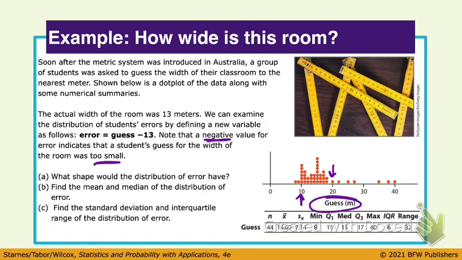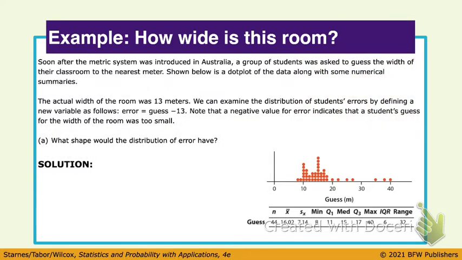So what shape would the new distribution have? If I transform this distribution by moving everything down 13, what shape would this distribution have? Well, it's going to have the exact same shape. Every number in this distribution is going to move down by 13. So it's all going to just shift down by 13 and none of the shape would change.